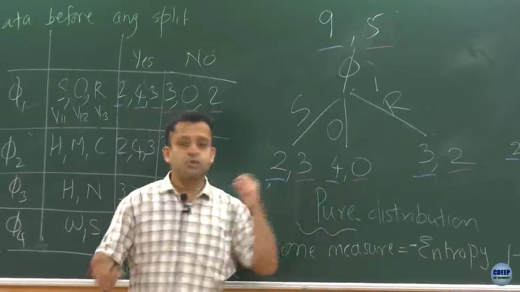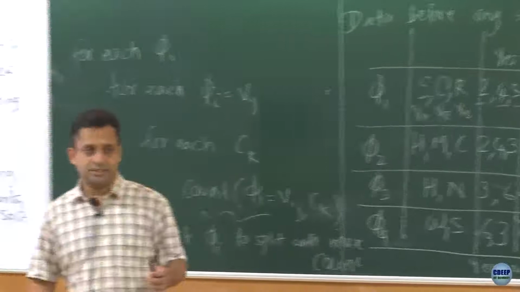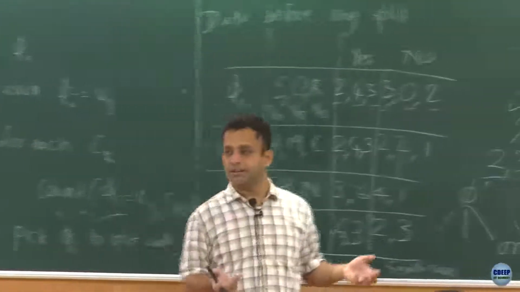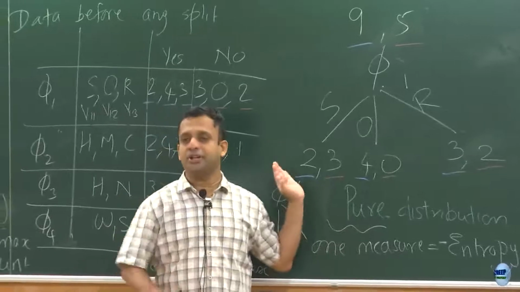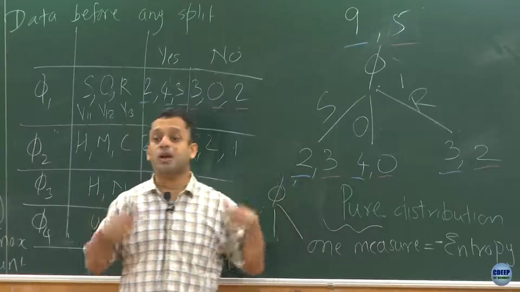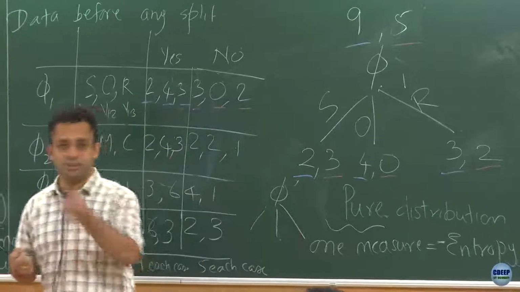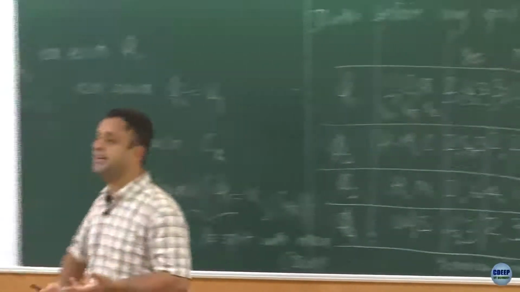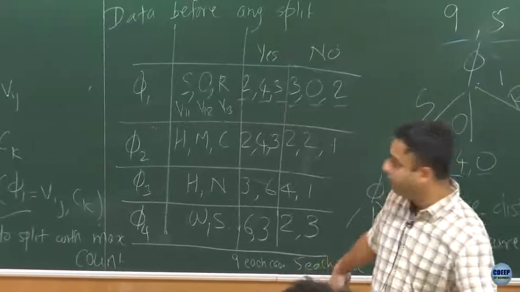So a branch which is pure is still not convincing enough because it's in minority. So the measure of impurity or purity that we have should take into account the branch weightage, the number of points in that branch. Okay, that's the third point we were missing, and now we are all set to go ahead.